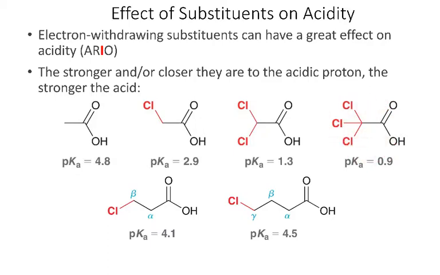And also remember, the closer the electron withdrawing groups are to the negative charge, the greater their effects. So in this case, we can get the pKa to drop more by having the chlorine closer to the resulting carboxylate ion than when it's further away.